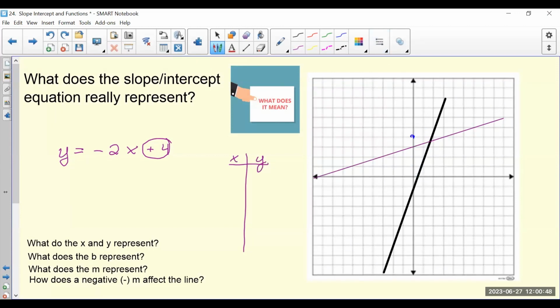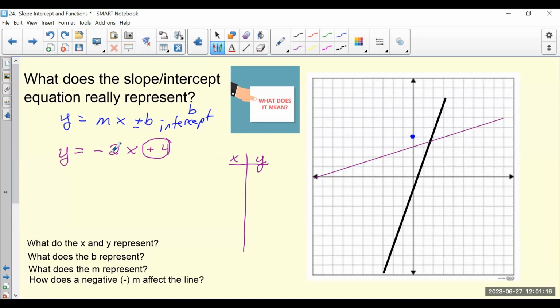I know it's going through right here. Okay, I know it because that is the intercept, or the b. Remember, y equals something times x plus or minus a number. Okay. Y equals negative 2x plus 4.